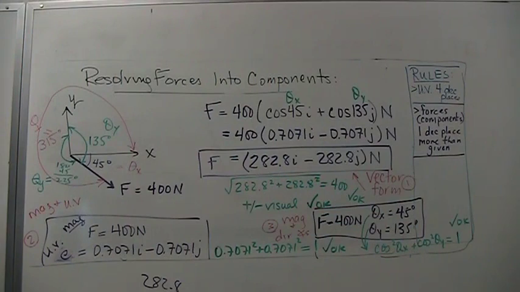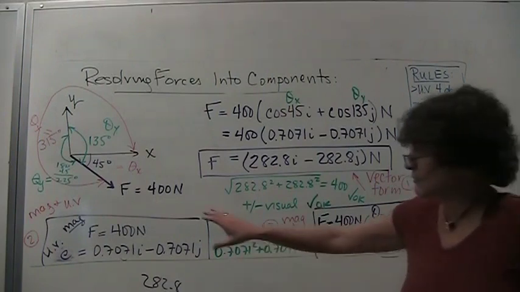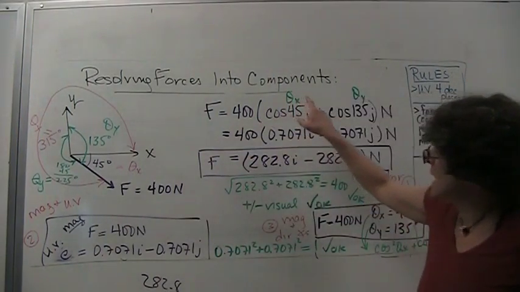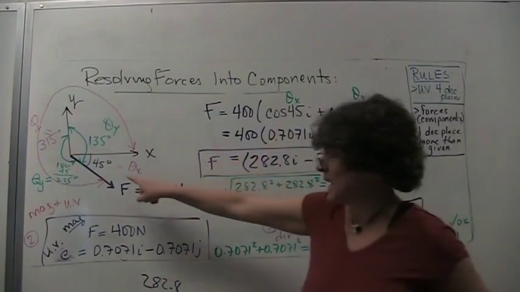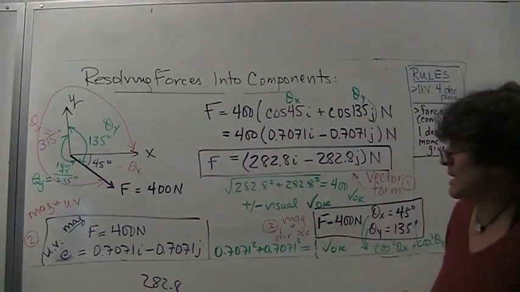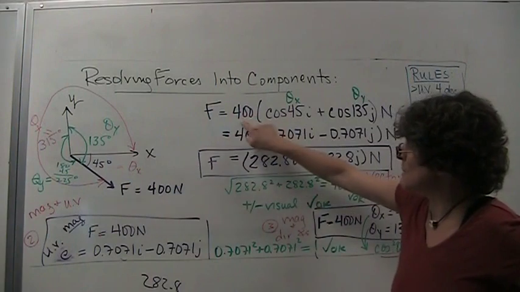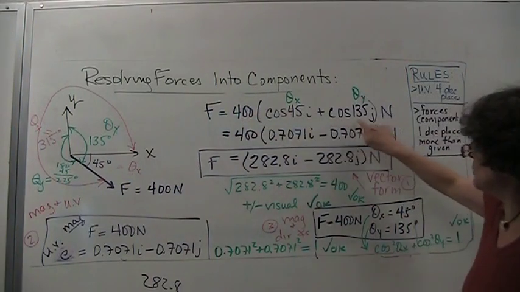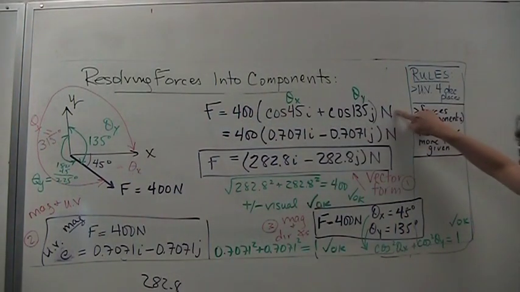Okay, so let's just review. In both these examples, you were given a force, you were asked to find components, and you were given an angle. So we did it in a three-step process. The force is equal to the magnitude. We took the cosine of both angles, and we put the units at the end.